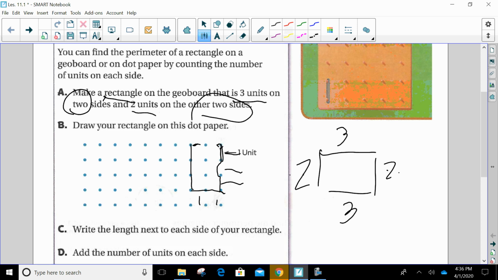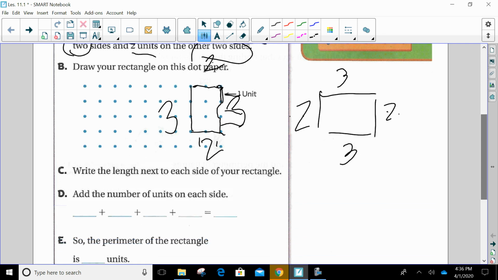And then the opposite side, 1, 2. So here is 2, here is 2, here's our 3, and this is our 3. We made a rectangle that has the opposite sides congruent. They are the same.